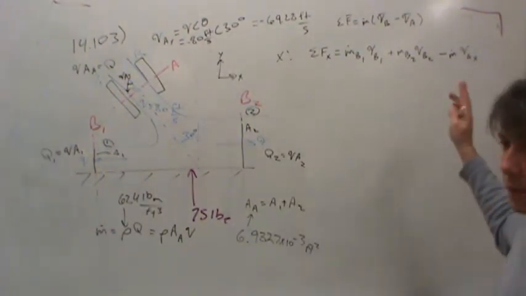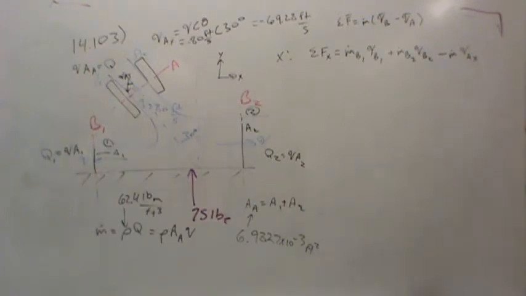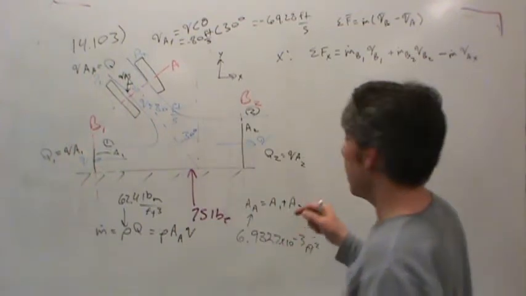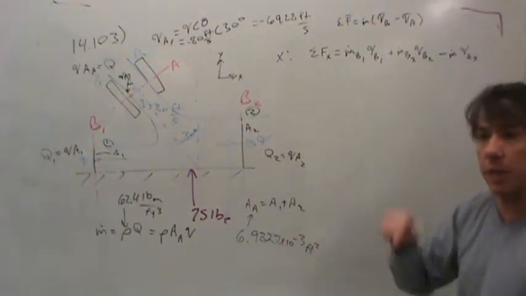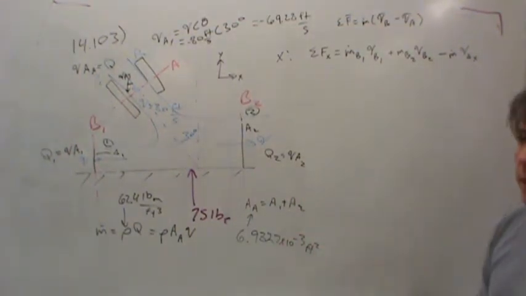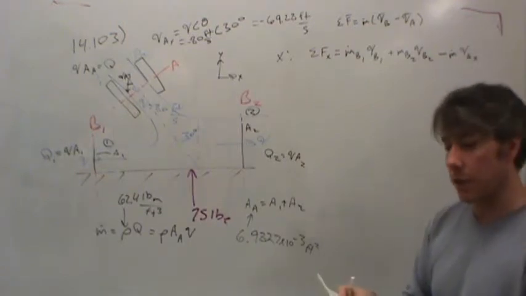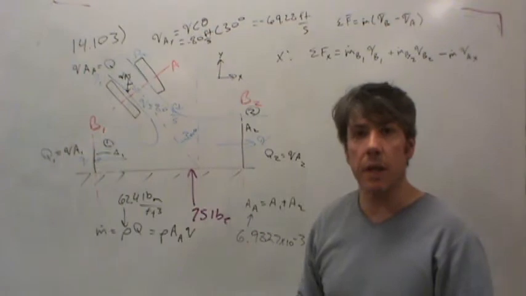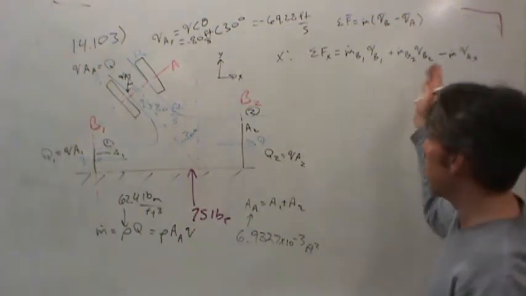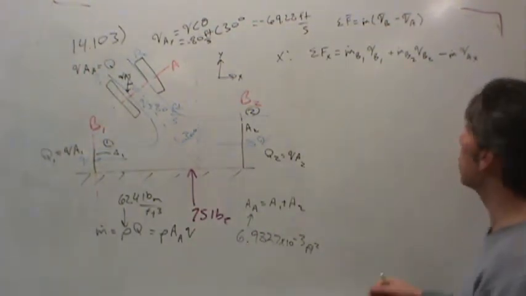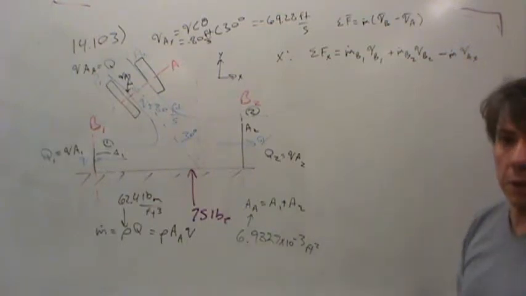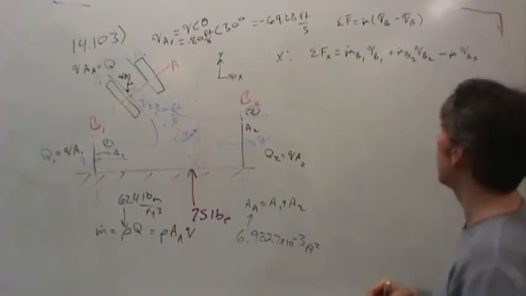Okay, this will work out just fine. But B1 should be negative, right? Yes, the velocity at B1 will be negative. In my solution I was calling that 2, and that's why I put a negative sign in front of it. Okay, so if you're looking at this sheet, I'm sorry that it's confusing. I called this side 2 and this side 1. I forgot what the authors had done. But rather than following my solution that I made, we'll just plug it in, and then we'll check and make sure we have arrived at the same point, which we should.